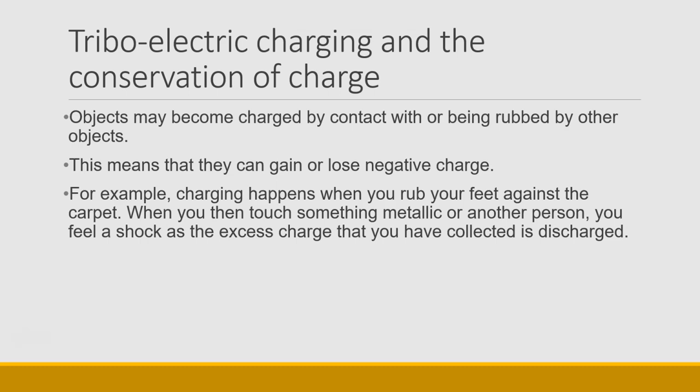Now, that would not apply to a material that's an insulator, because when you rub an insulator against another object and that insulator picks up electrons, the electrons don't have the ability to move around this insulating material. So the electrons would stay in that area that was rubbed. But we're going to come back to that a bit later.